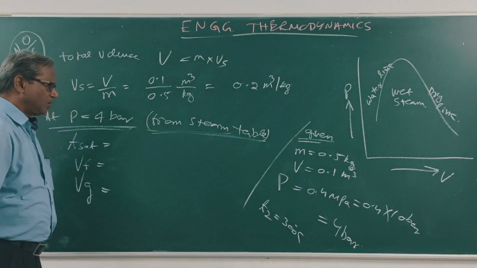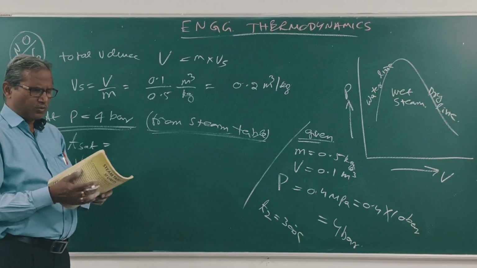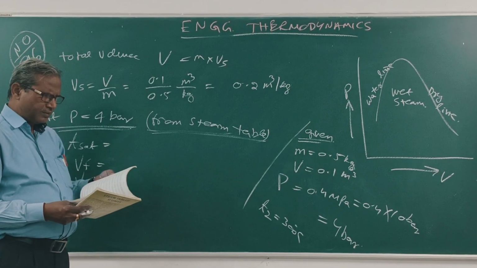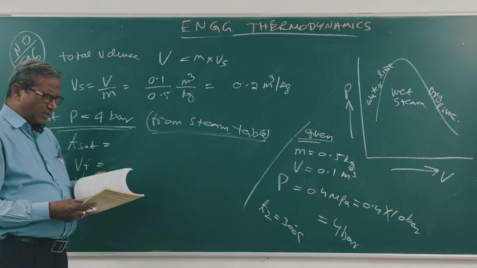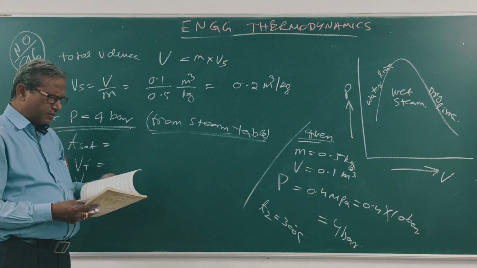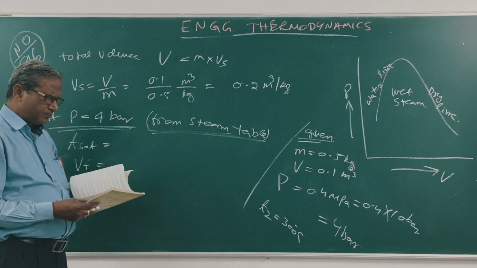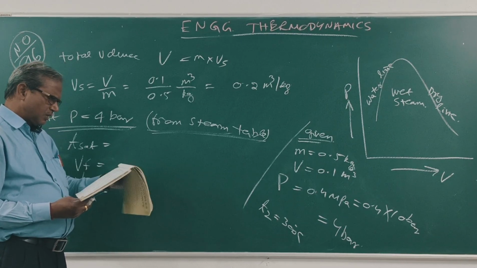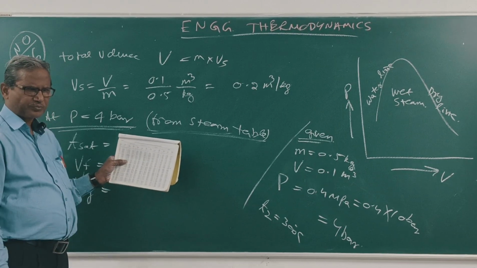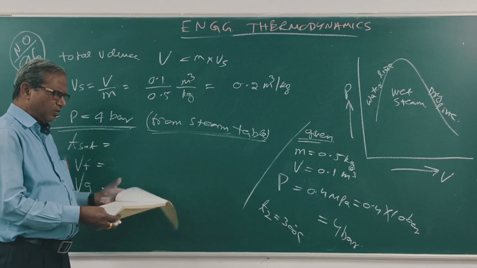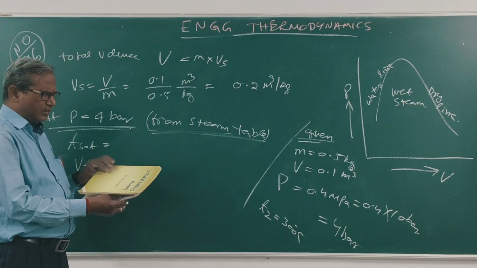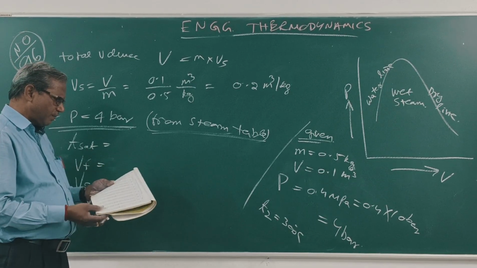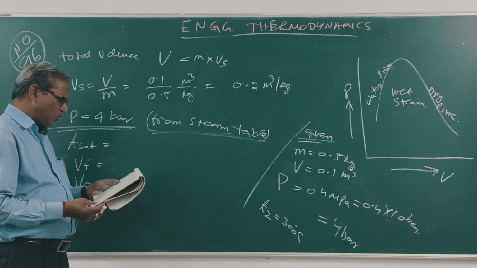At 4 bar from the steam table, page number 15, which I did in the last class, last problem. At 4 bar, T saturated is equal to 143.63.